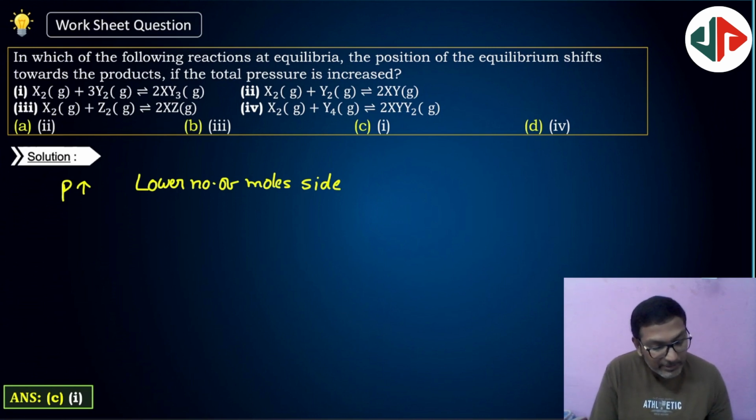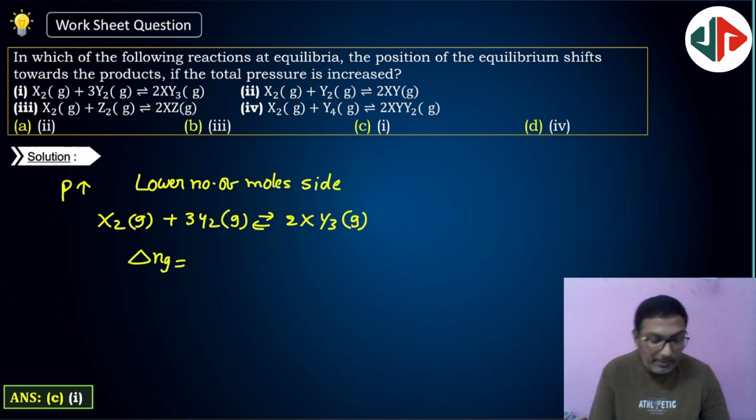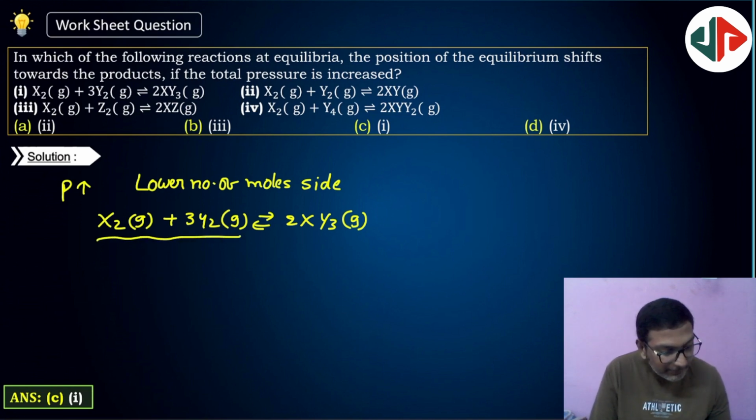Check here option 1. X2 gas plus 3Y2 gas reversible with 2XY3 gas. Calculate delta Ng, or we can calculate like this: 1 plus 3, 4 moles, and here 2 moles.